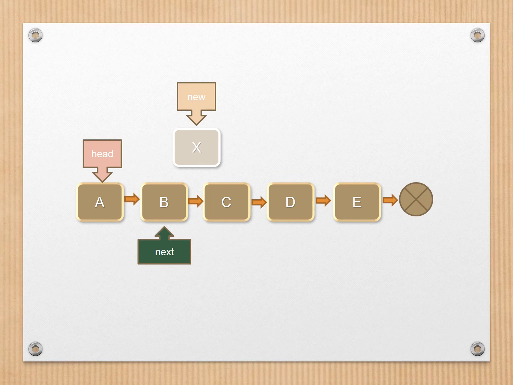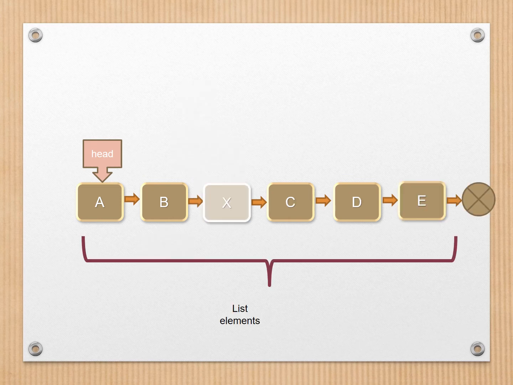In this case, where B is pointing to C, we assign the pointers of X with what is pointed to by B. We adjust the pointers of B to point to X. So the list elements have increased by 1.